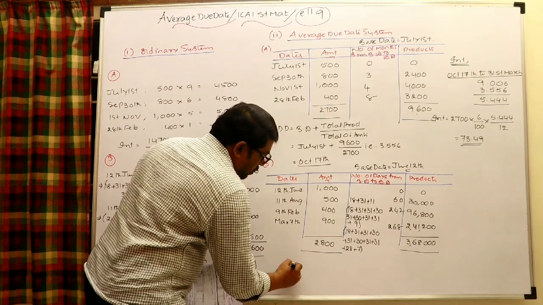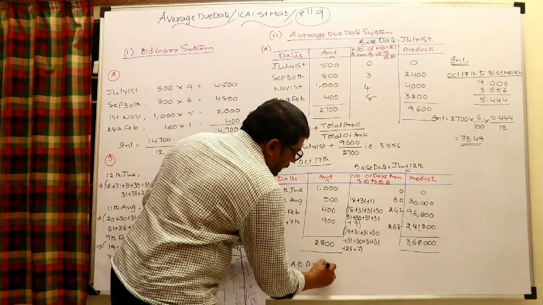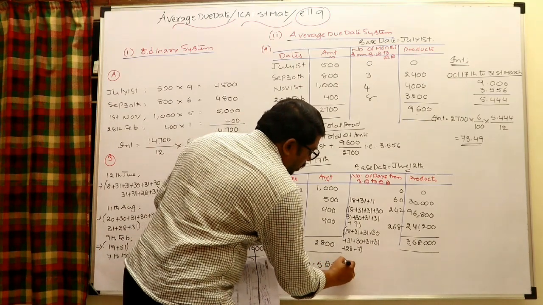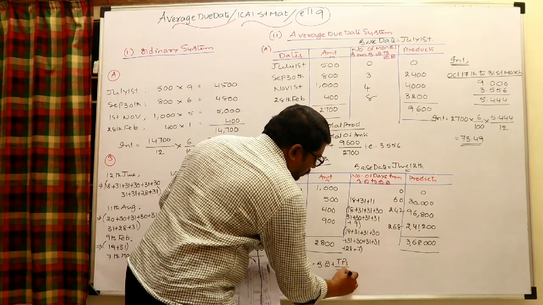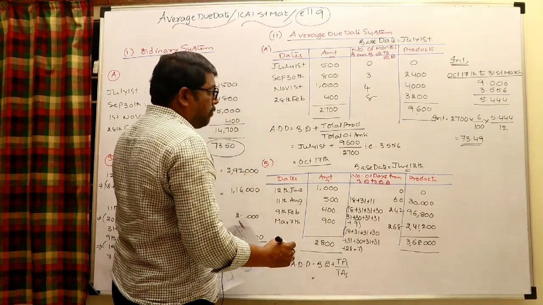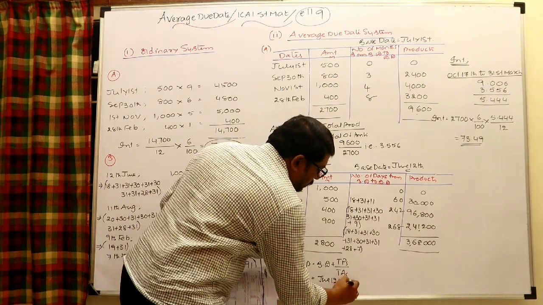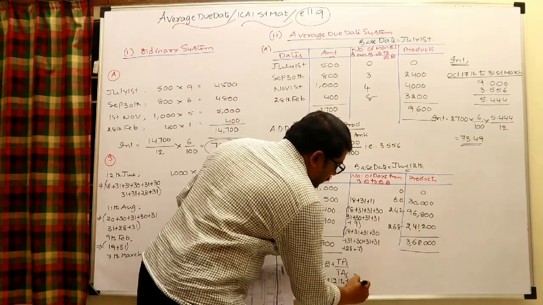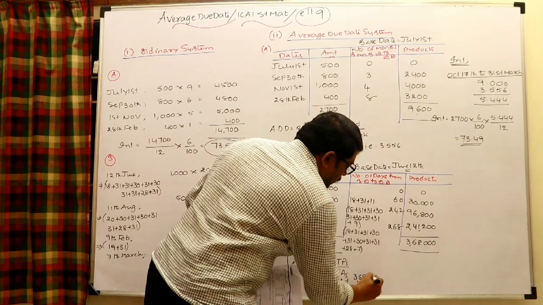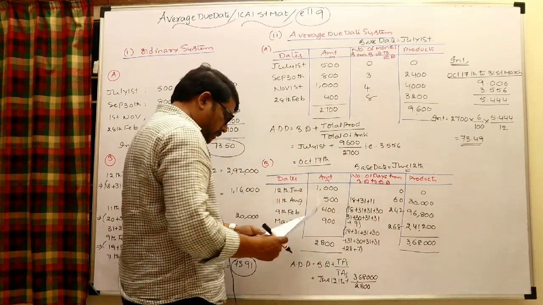Then the average due date is equal to base date plus total of products by total of amounts. Here the base date we have taken is June 12th, plus 3,68,000 divided by 2,800.